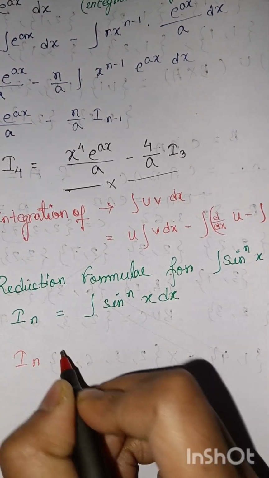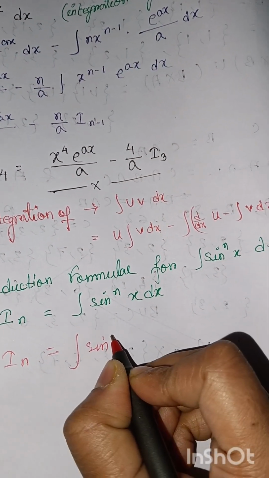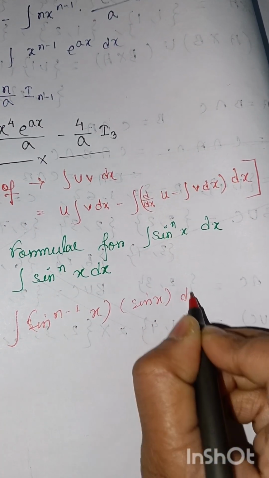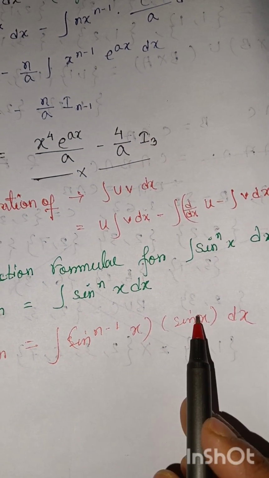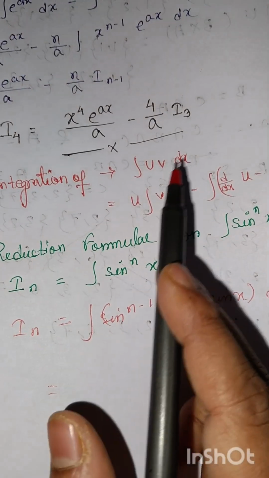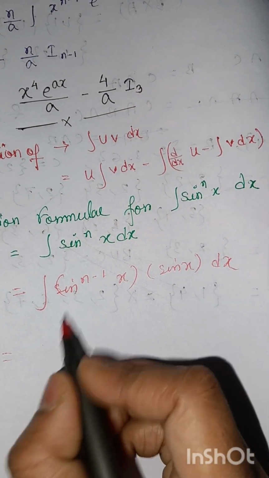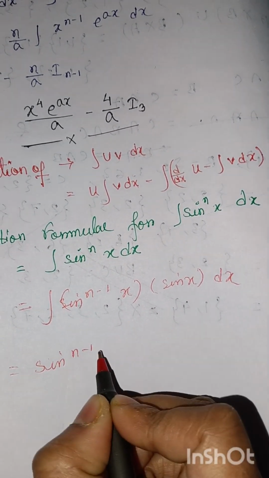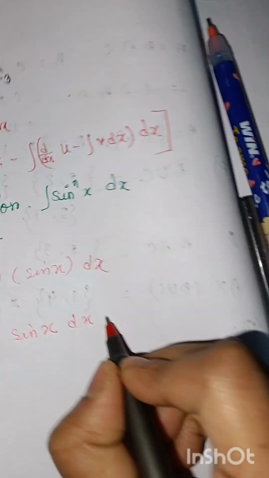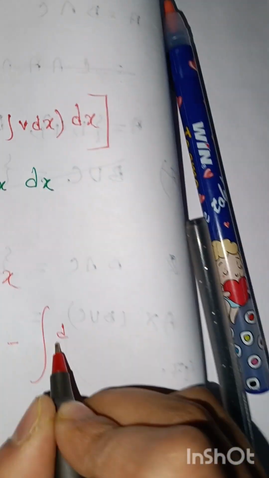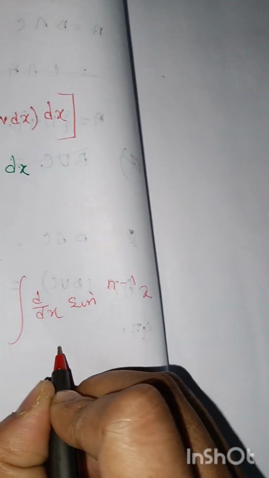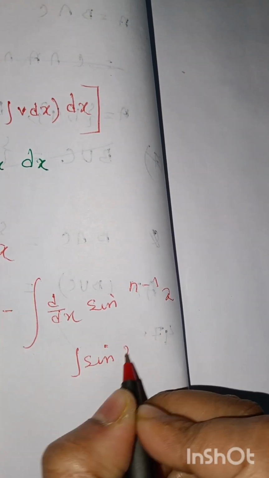Then In equals the integration of sine to the power n minus 1 x into sine x dx, because minus 1 and plus 1 is 0, which gives sine to the power n x. In the next line, we use the uv integration formula. The first term, sine to the power n minus 1 x, is u, and the integration of sine x dx, minus the whole integration of the derivative of sine to the power n minus 1 x, then the integration of sine x dx.